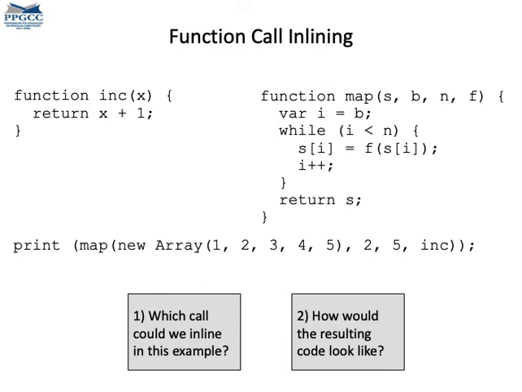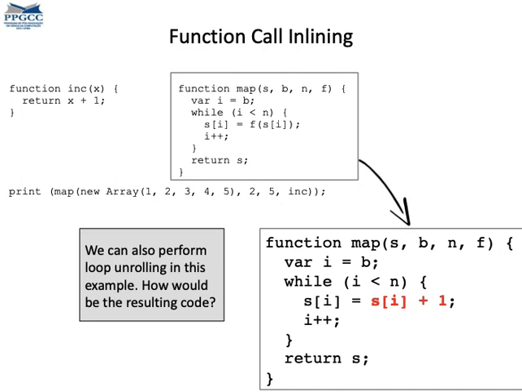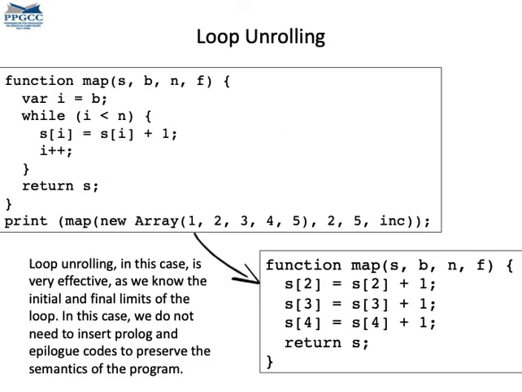Like in this figure, we could inline the inc function that is used as an argument of the map function. Then, instead of having to invoke the closure within the body of map, we can inline it there, avoiding the cost of a function call and giving the compiler the chance to run some context-sensitive optimizations too.